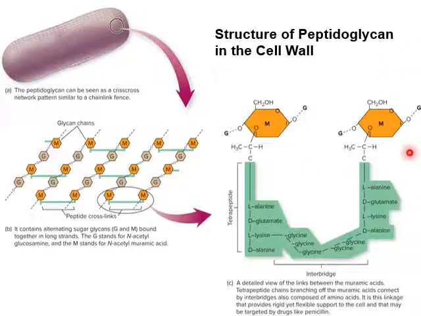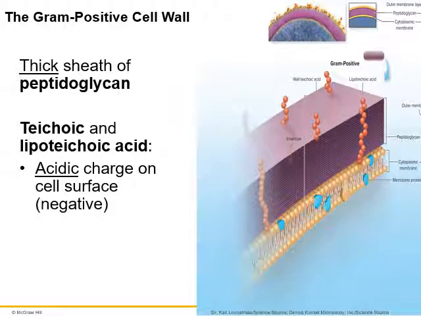Now, if I look at the gram-positive cell wall, it's very, very thick. It's layers and layers and layers of this peptidoglycan here. And then running through that peptidoglycan lattice are chains of glycerol phosphate and ribitol phosphate that form a structure known as teichoic acid.